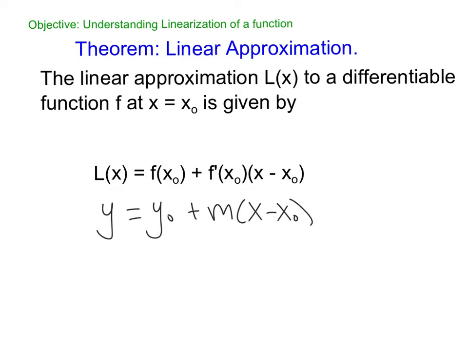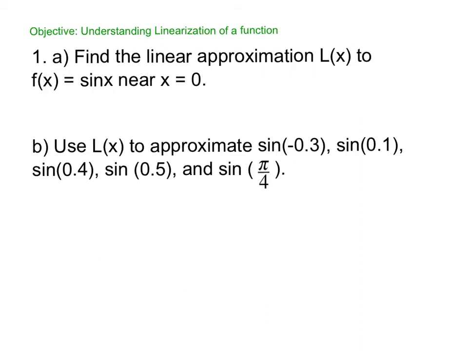It's literally just the tangent line where the y0 was brought to the other side, right? Normally it's y minus y0 equals m times (x minus x0). So all they did was bring the y0 over, and then we're naming it L of x for linearization. So it's really nothing new. It's just we're estimating the y value using a tangent line.